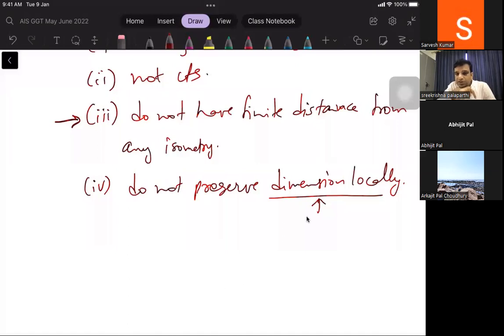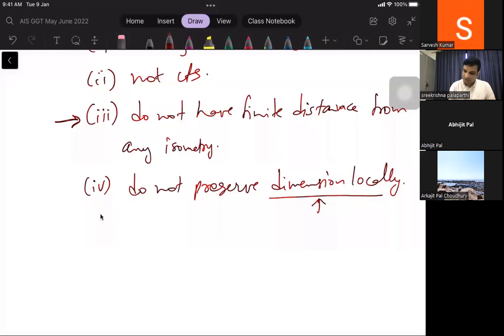Can you give an example? R and Z, for example. R^n and Z, they are not quasi-isometric. I mean R and Z, not R^n and Z. And what manifold do you put on Z? That is a zero-dimensional manifold. I see, okay, in that sense.